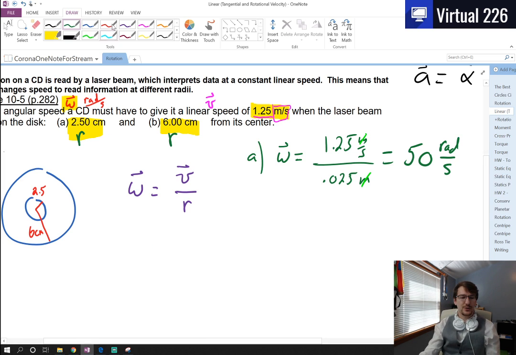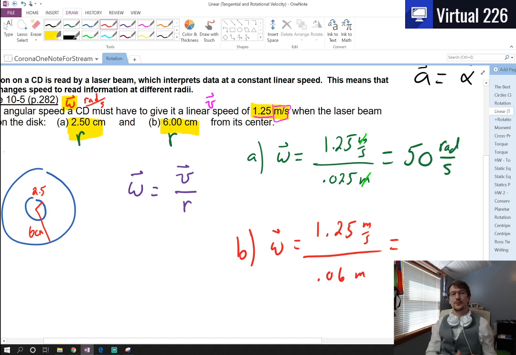For part B, we do the same exact thing, but this time our radial distance has increased. So it's 1.25 meters per second divided by 0.06 meters, as we convert that. If we think about this for a second, we're trying to keep the same linear speed, but we're farther out on the edge of the disk now.